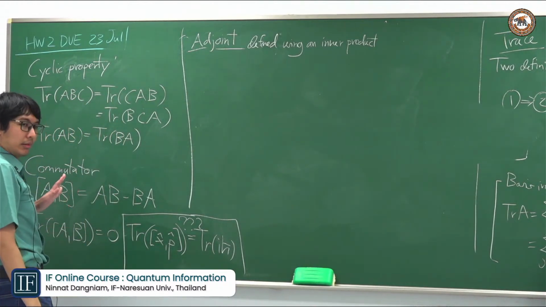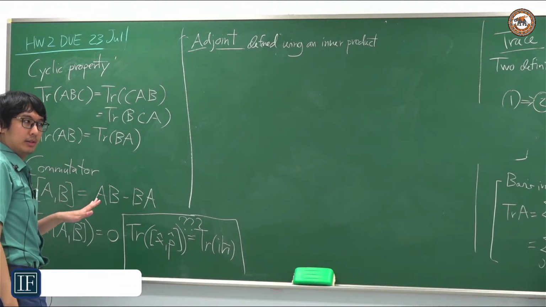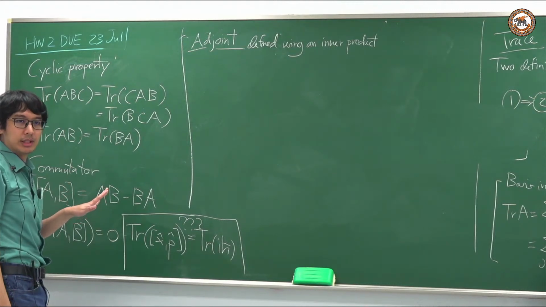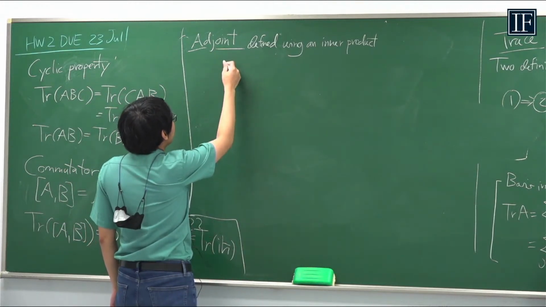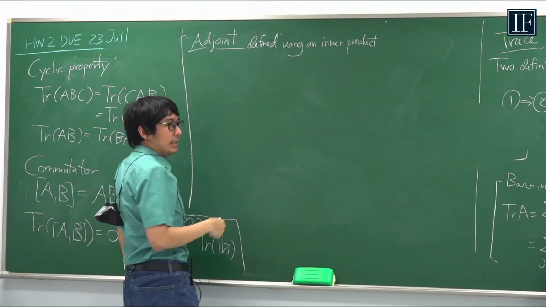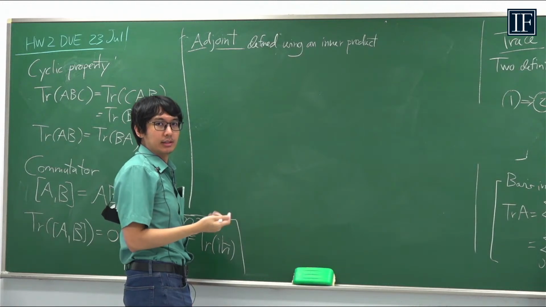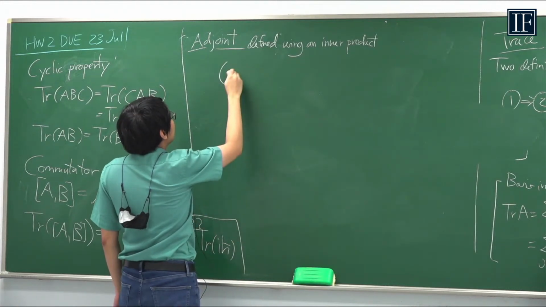So I'm going to write this without using the Dirac notation first, because I think it's a bit clearer that way. So usually it is defined implicitly through the inner product.